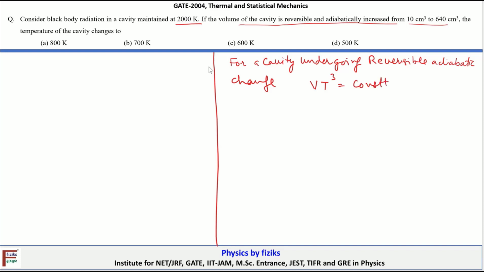This is one of the results that we discussed while talking about black body radiation inside a cavity. So this result will be valid for reversible adiabatic expansion of the cavity.